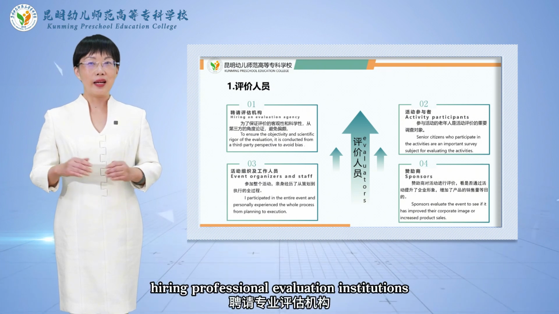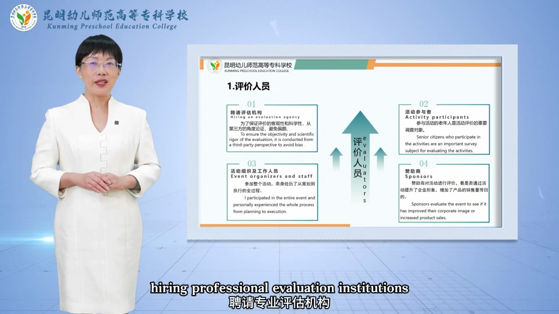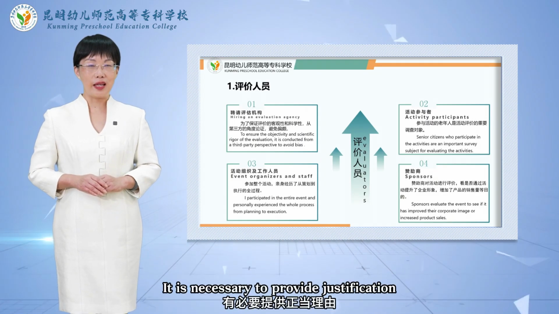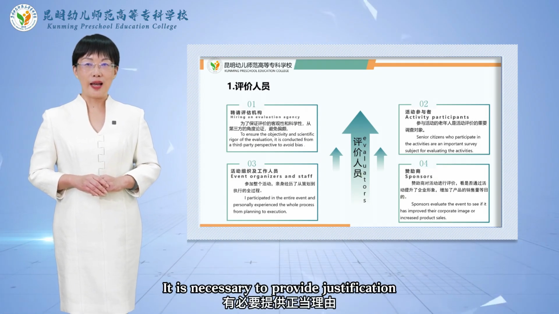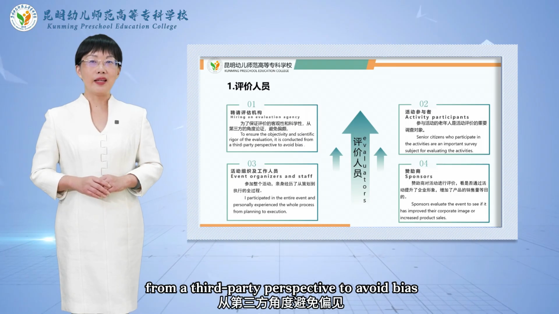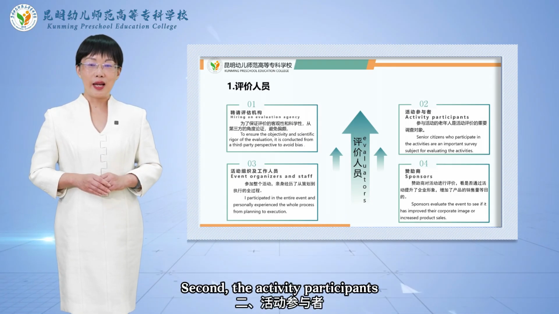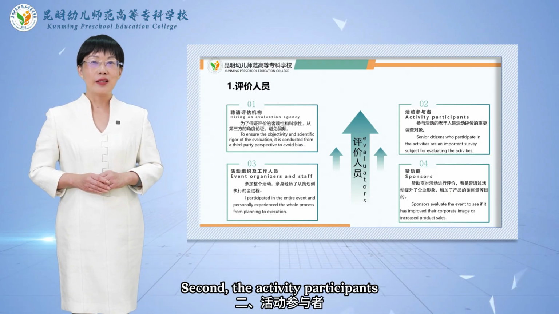First, hiring professional evaluation institutions. To ensure the objectivity and scientific nature of the evaluation, it is necessary to provide justification from a third-party perspective to avoid bias.